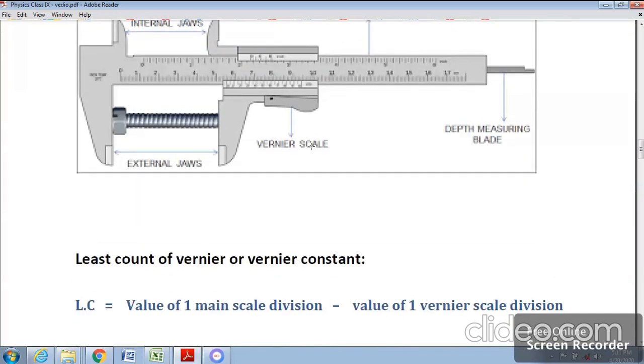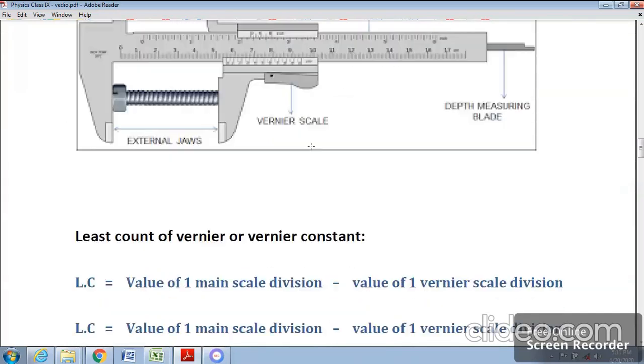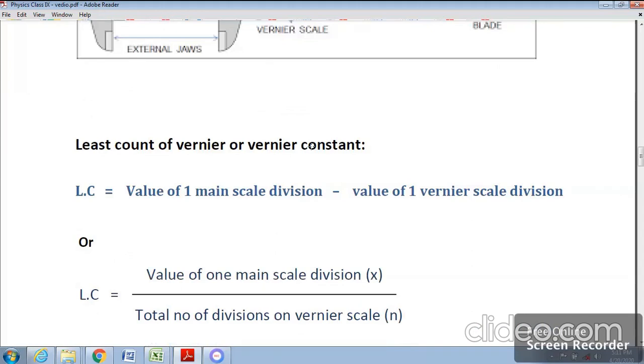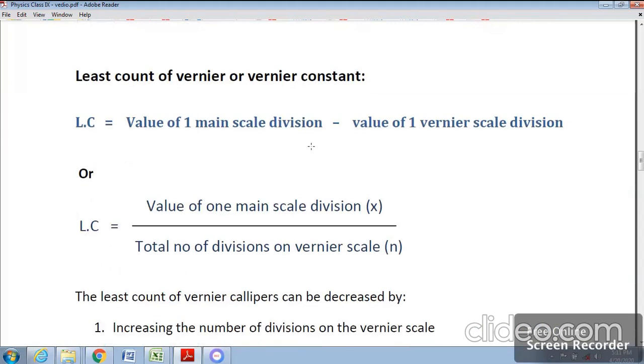So these are the parts of the vernier caliper and its functions.